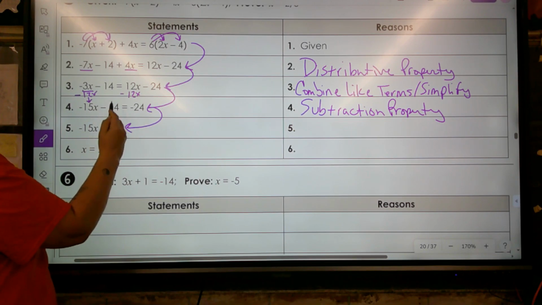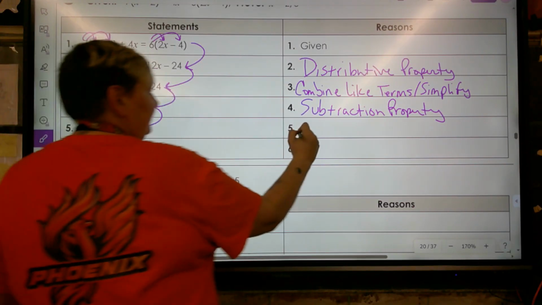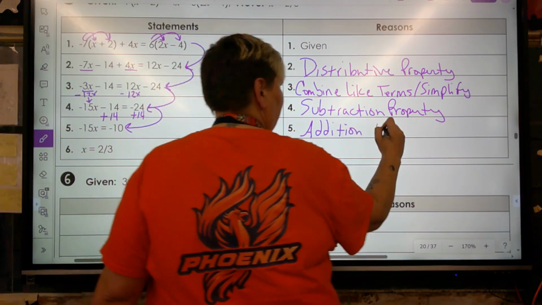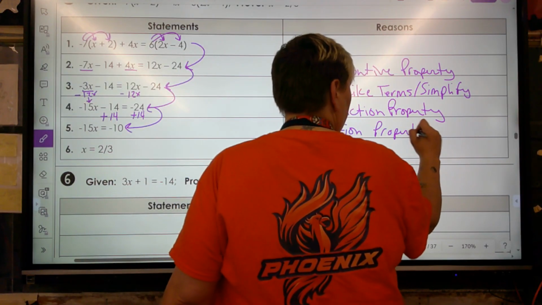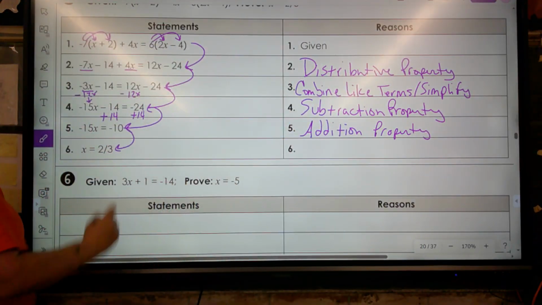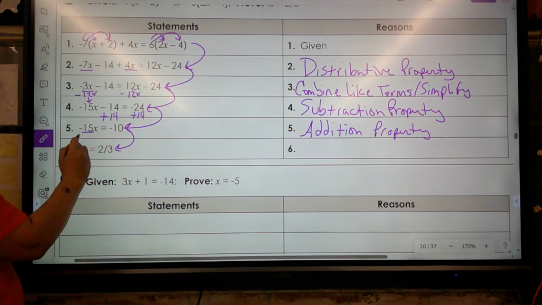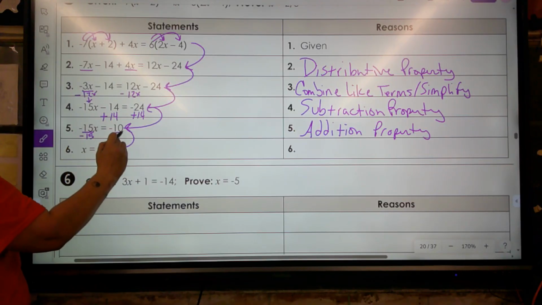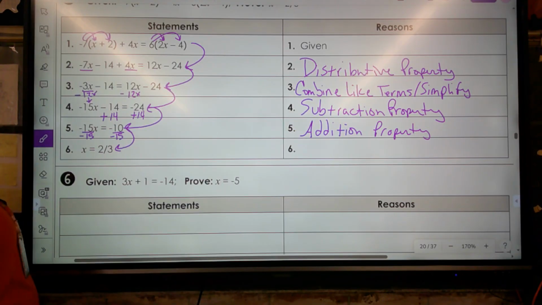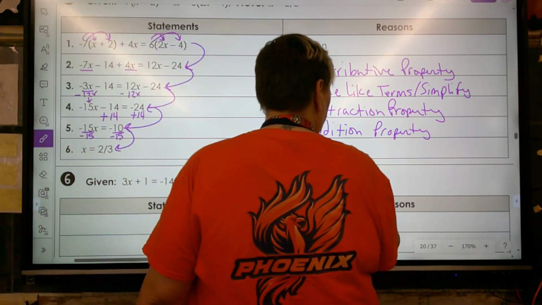The negative 14 went away, so we added 14 to both sides. Addition property. And then lastly, we isolated the x, which means we divided both sides by the coefficient. We divided both sides by negative 15. So that's division property. We finished with division property.